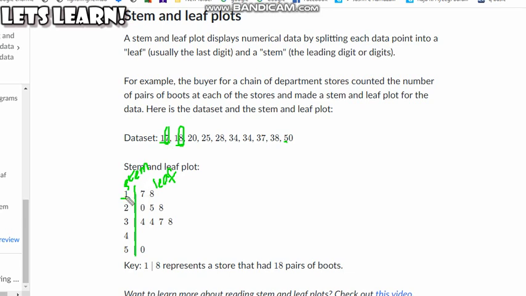Then again 1, the tens place number outside in the stem column, and then you write the 8 from the units place inside the leaf part. So you can see it here, 1 and then 7, that is your 17. Then again 1 is already out common there, then you get 18. Similarly it continues with the same thing if you go for 20 and 25.